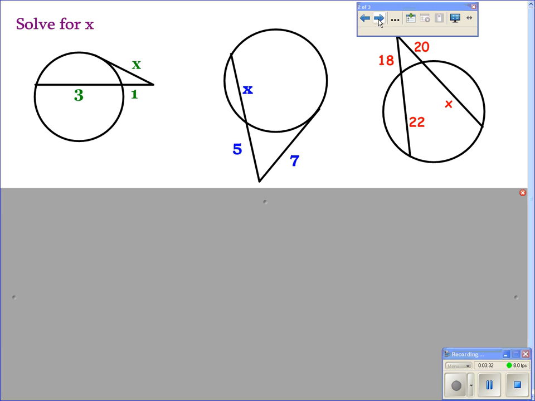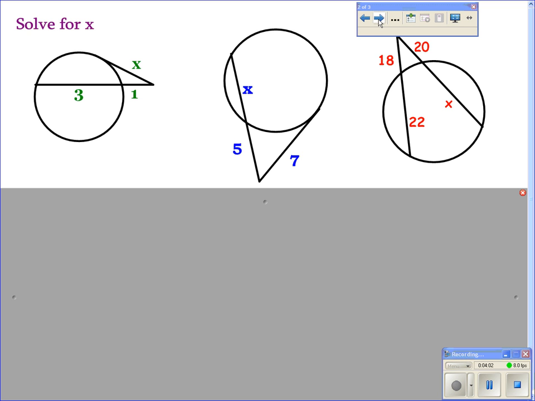I'll wait till you get these pictures drawn. These three examples, none of them are where the two segments are completely inside the circle, so they're the other form. We're always going to take the outside section and multiply it by the whole segment and set them equal.